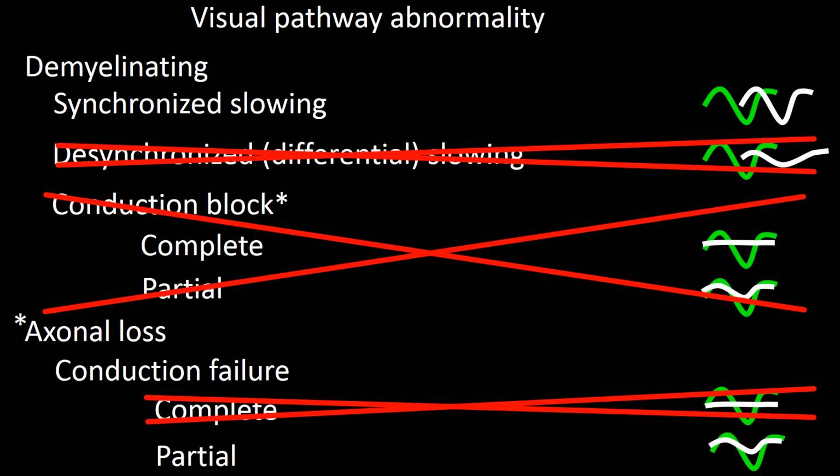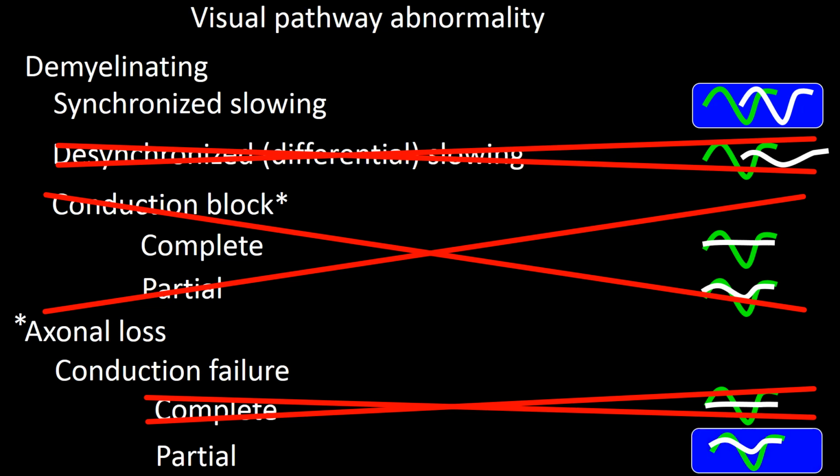And the synchronized slowing cannot be diagnosed because mixed demyelinating and axonal loss lesions will produce the same type of pattern. So at this time, when resulting a pattern reversible visual evoked potential, we talk about demyelinating pathology when a significant latency delay occurs with no significant change in amplitude.